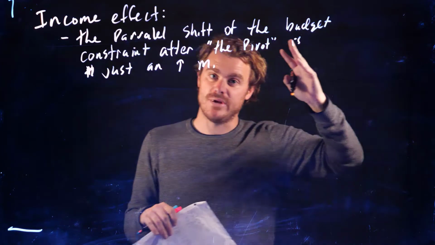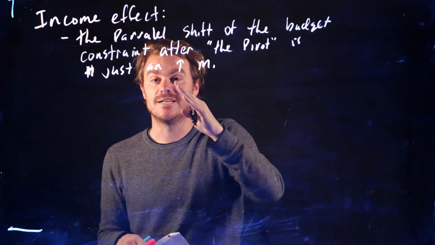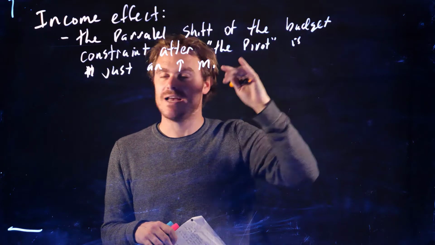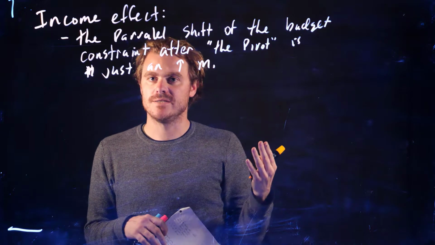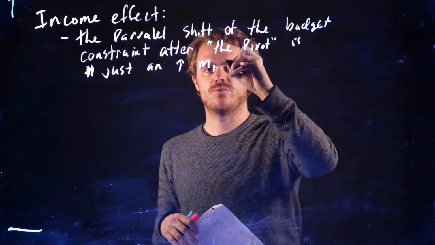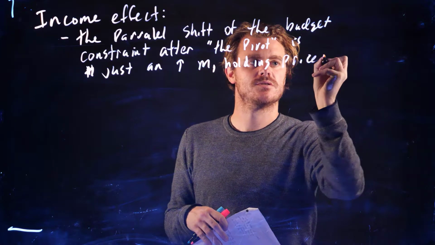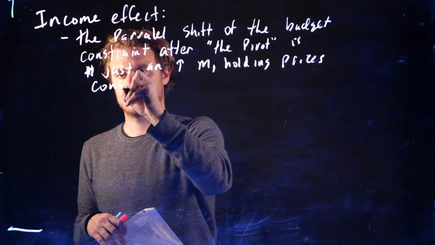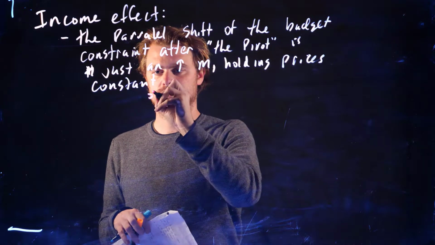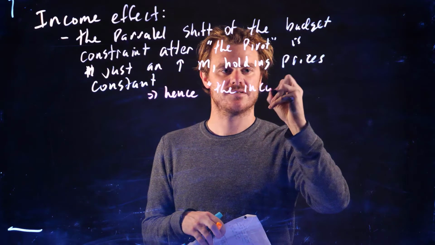If we increased M back in chapter 2, as we shifted the budget constraint, this parallel shift out was a change in income. And so that's why it's called the income effect. We're holding prices constant as we do it. So this is, hence, the income effect.